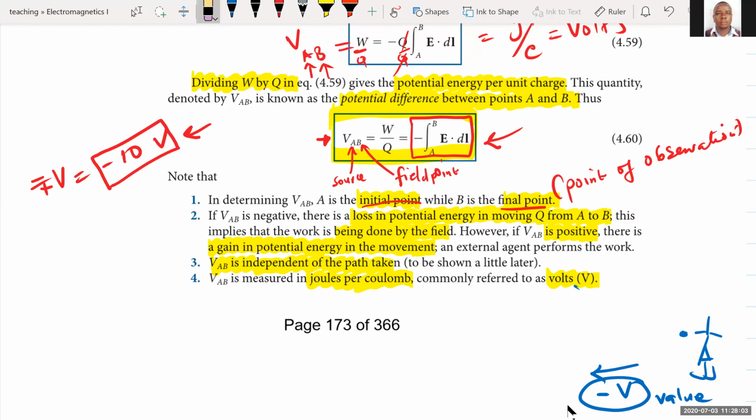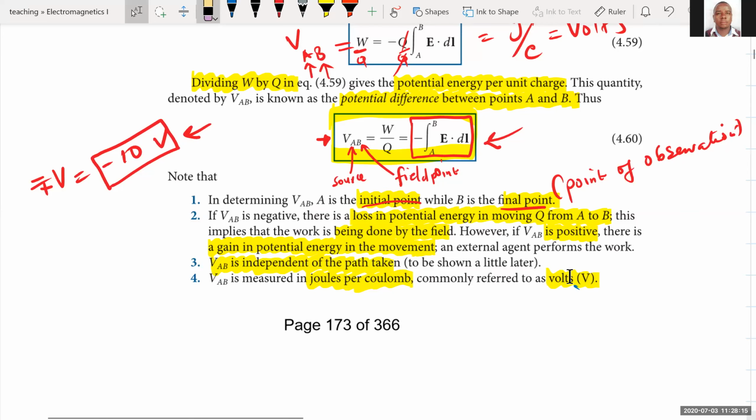But on the other hand, if the field is pushing away and someone is pushing back the charge, that means that the field is doing some positive work. And that is what we mean, that if VAB is positive, there is a gain in potential energy in the movement. That is, an external agent performs the work.